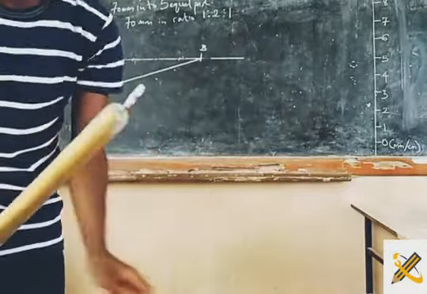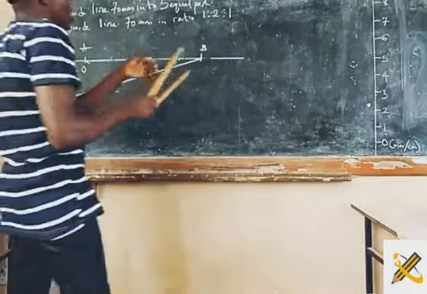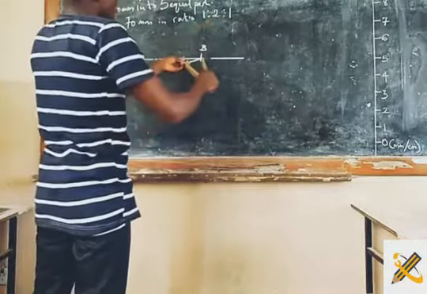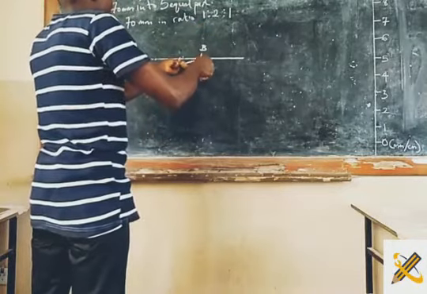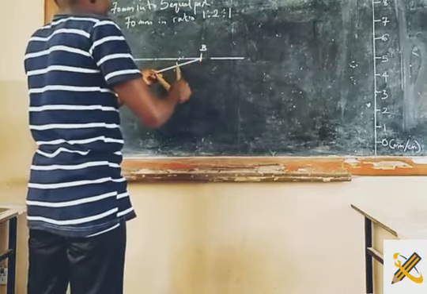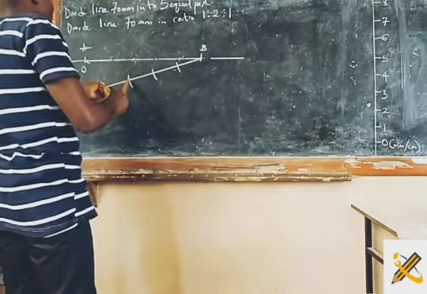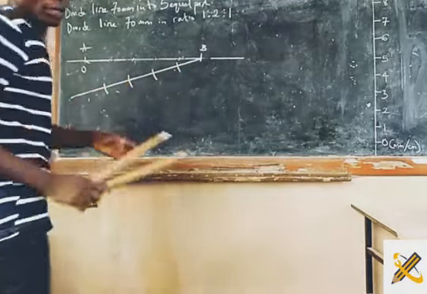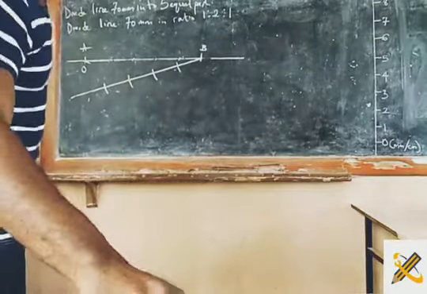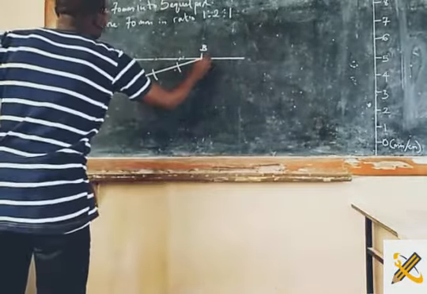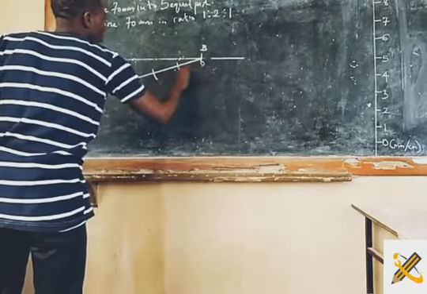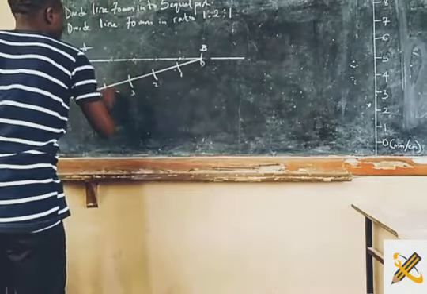Any convenient radius with your compass, step it over how many times? 4 times. Because 1 plus 2 plus 1 is what? Is 4. So from here, 1, 2, 3, and 4. So that's it. Alright. So this is my 0, 1, 2, 3, 4.